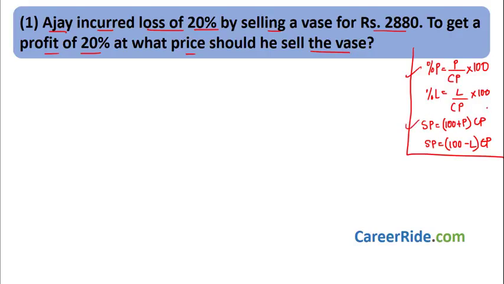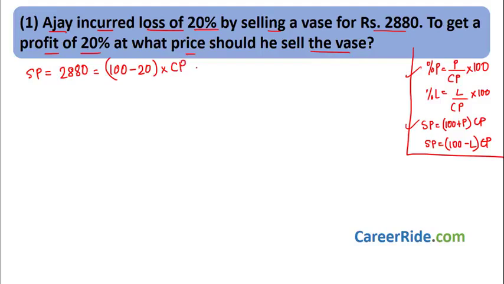Okay, now over here what are they saying? Ajay incurred a loss of 20% by selling a vase for rupees 2880. So what is the selling price over here? 2880. What do we know? They have given the loss percentage, right? Do we know the cost price for the vase? No. Let's see if we can find it out. Selling price is 2880. We know the selling price formula, 100 minus the loss percentage, that is 20, multiplied by cost price.